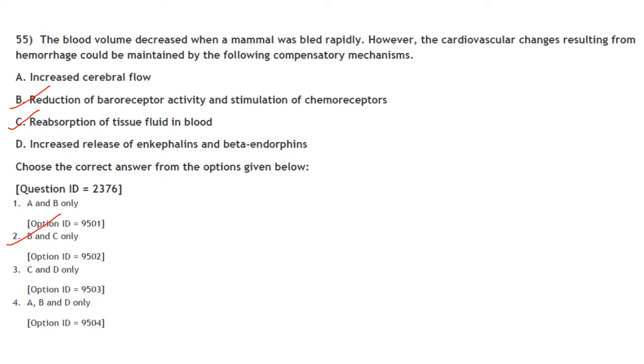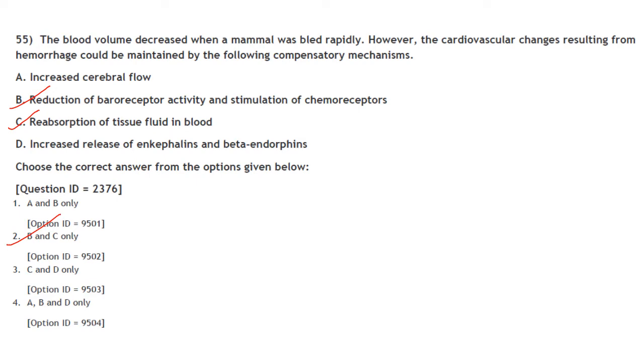And the body has a number of compensatory mechanisms that get activated in an attempt to restore the arterial pressure and the blood volume back to normal. And these mechanisms include baroreceptor reflexes, chemoreceptor reflexes, circulating vasoconstrictors, renal absorption of sodium and water, activation of thirst mechanism, and reabsorption of tissue fluids.